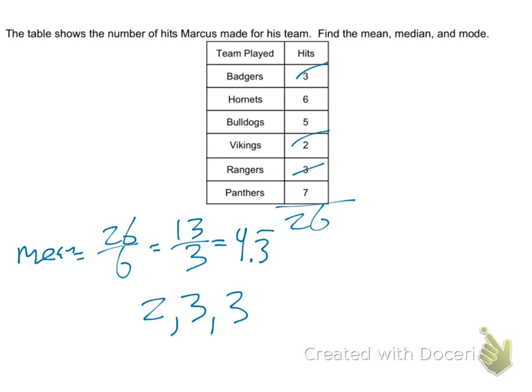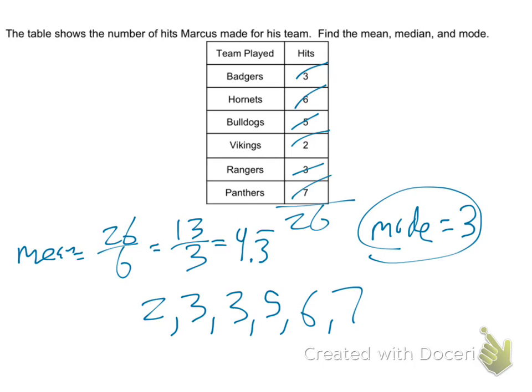So there are two 3s, a 5, and then a 6, and a 7. This helps me establish, because I can look really close and say, what's the mode? Which one happens most? A 3. So now we got mode, we got a mean, now we only have to find the median.